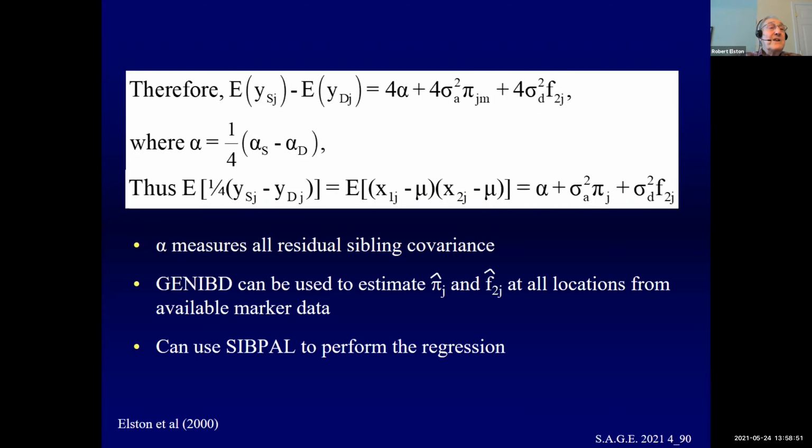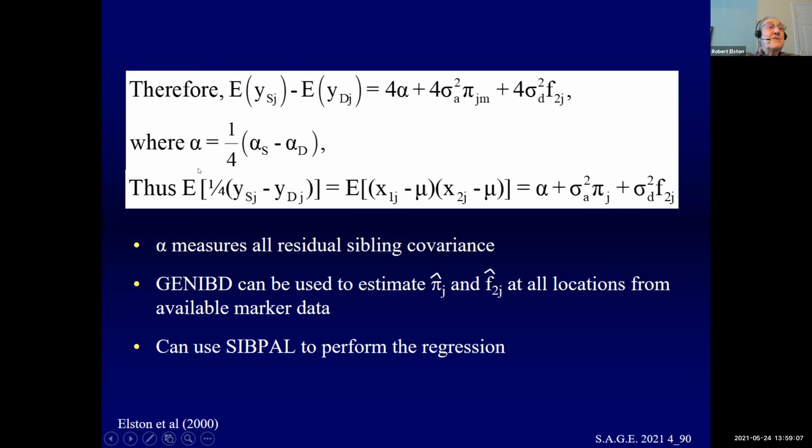GENIBD can be used to estimate the pi hats, the F2 hats, at all locations from available marker data. And SIBPAL can be used to perform the regression. Okay, so that's the point.